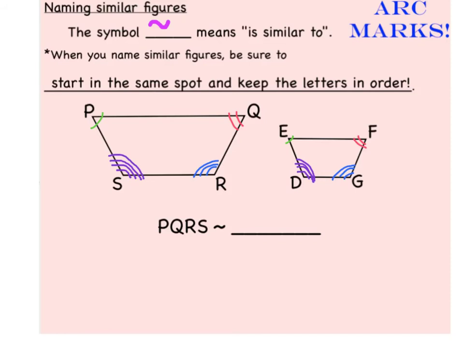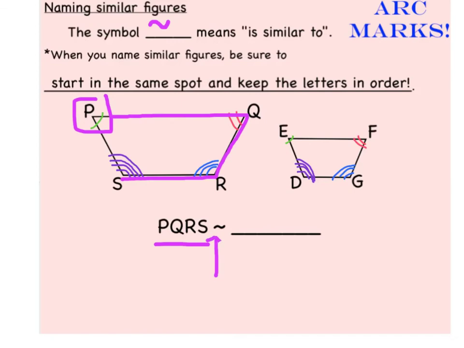If you need to pause your video to do that, please do. And the large figure has already been named PQRS. That means they started here at angle P and moved to the Q, then the R, then the S when naming that figure.